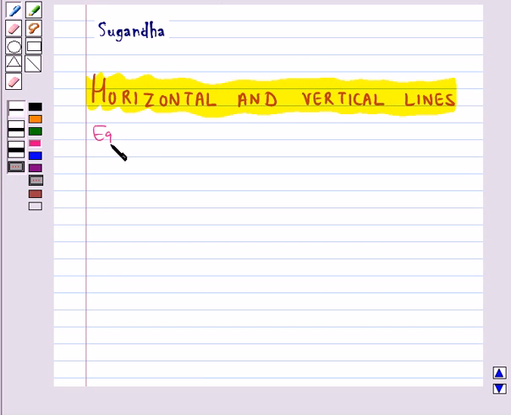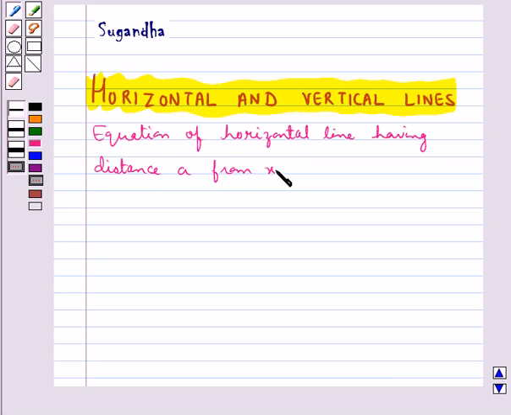Now, the equation of the horizontal line having distance a from the x-axis is either y equal to a or y equal to minus a, and here the choice of the sign will depend upon the position of the line according as the line is above or below the x-axis.